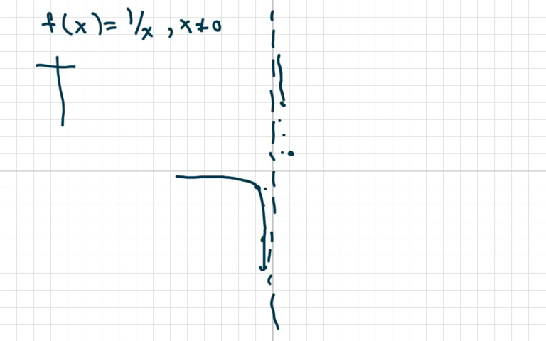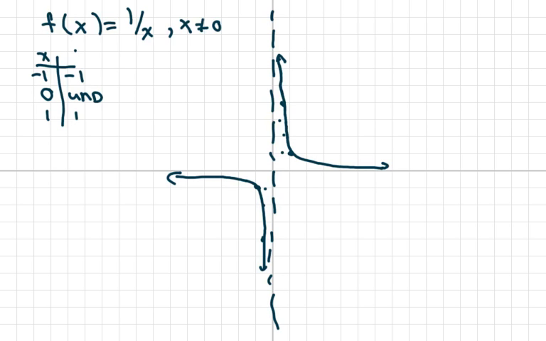It always helps to know what this one looks like. The main thing you need to know is that 0 is an asymptote, so that's undefined. Negative 1 maps to negative 1, and 1 maps to 1.